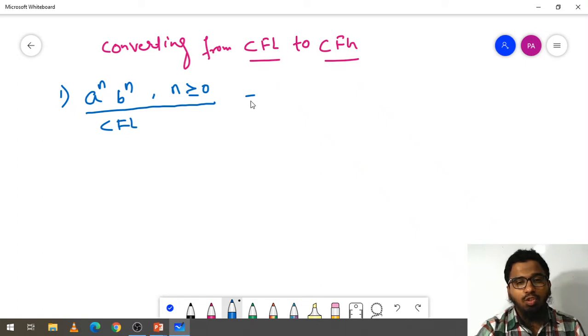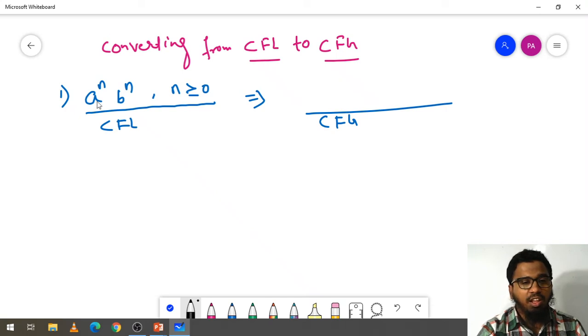You need to convert this into CFG. How to convert this? The meaning of a power n, b power n is that however many a's are there, that many b's should be there. For example, if a's are 2, then definitely b's should be 2 only.